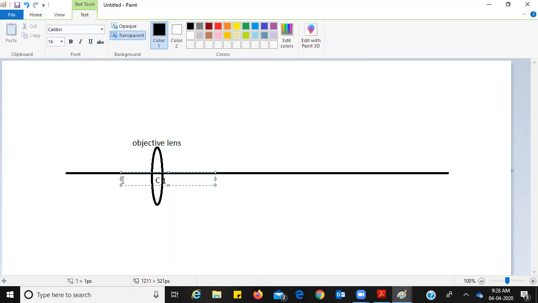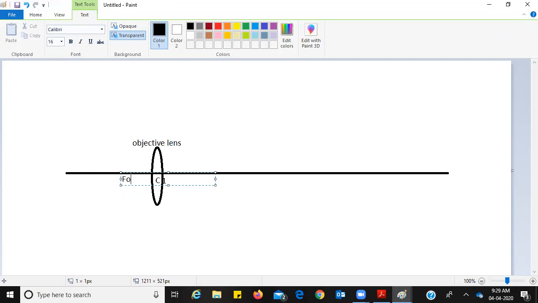So I'm just marking f of the objective lens. There are two methods. One, you can draw the diagram from object to image. The second method, you can draw from image back to object. Object to image, you need to fix all the focal lengths. Image back to object, you don't need to fix anything, it will come naturally, you only fix the image.